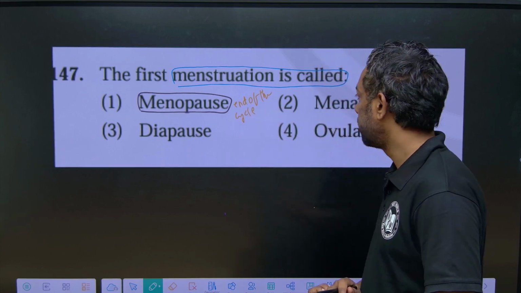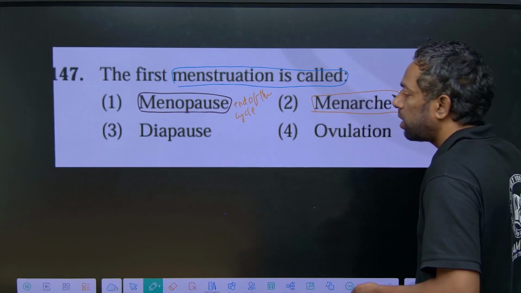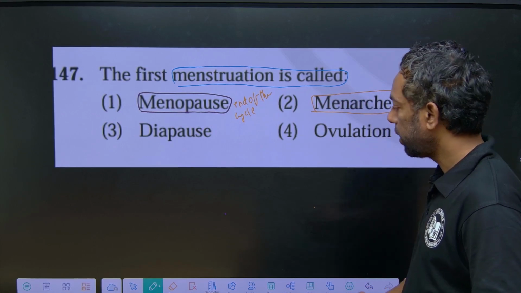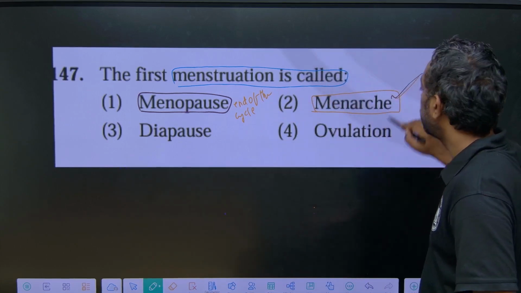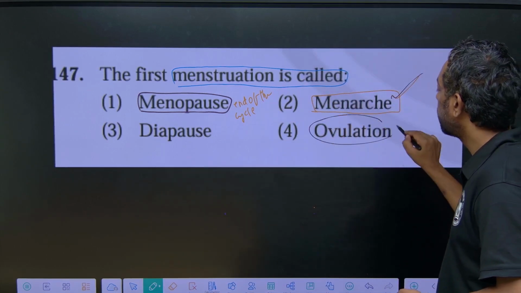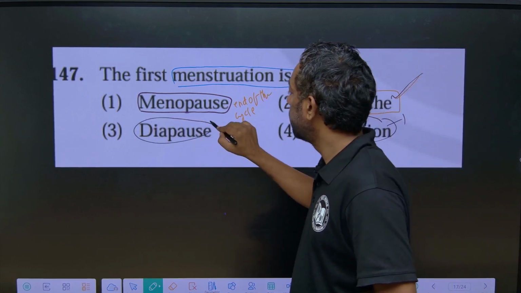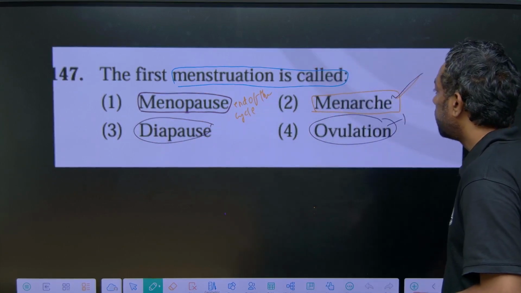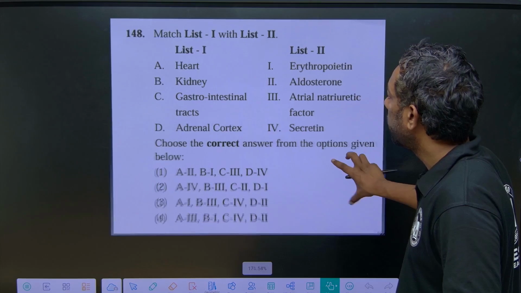Menarche is the answer. Ovulation is the production of ova. Diapause is different. Menarche is the answer. Very simple, direct question.